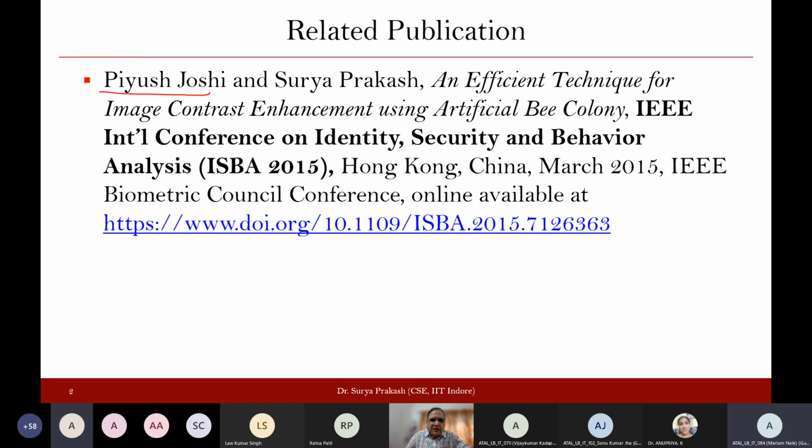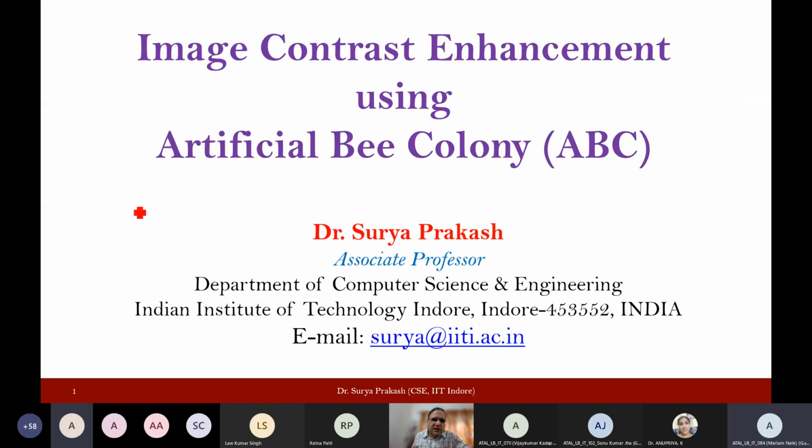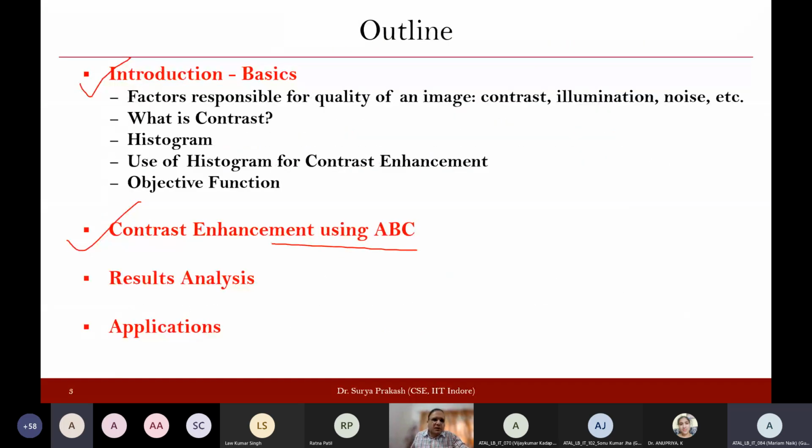Please remember, I might be referring to this abbreviation, but note down that ABC is the short form for artificial bee colony, and this is a bio-inspired technique, or you can say a swarm intelligence based optimization technique. Okay, so we'll see ABC briefly, and then we'll see some results, and then what are different applications where this can be used.